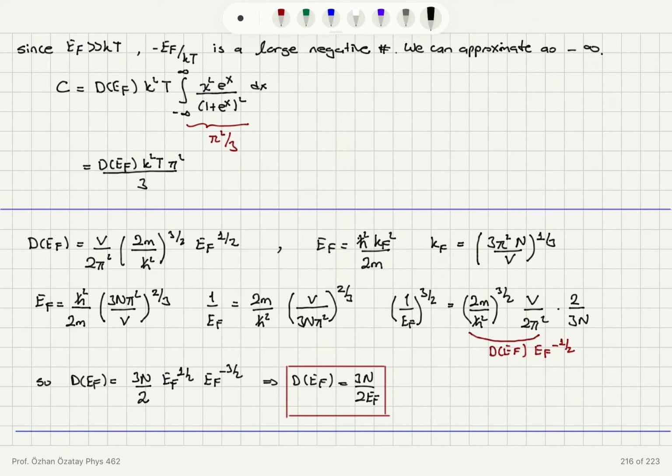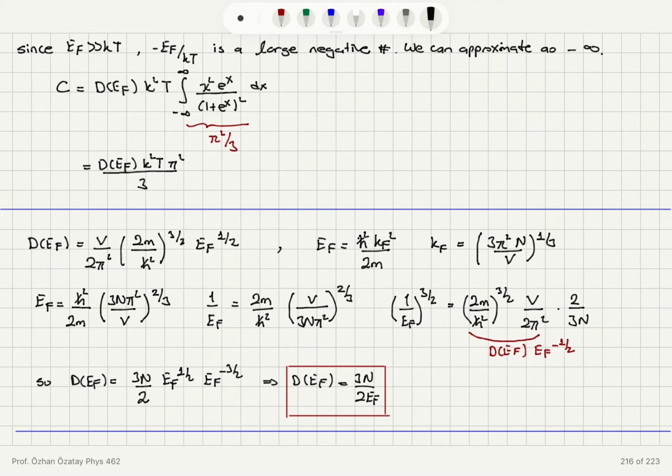And if I take 1 over the Fermi energy to the power 3 over 2, I find (2m over h bar squared) to the power 3 over 2, V over 2 pi squared multiplied by 2 over 3N. So this is basically the density of states at the Fermi level multiplied by E Fermi to the power minus 1 over 2. So that's the part I see here.